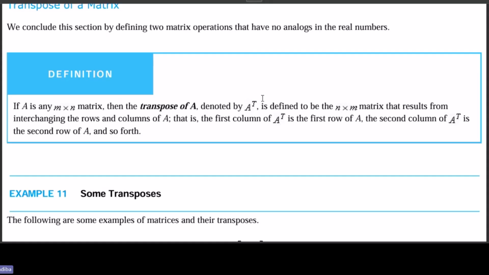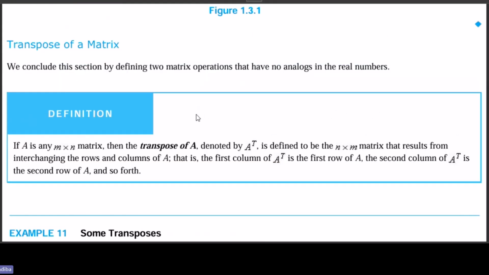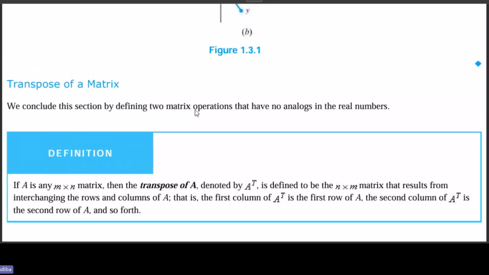Then the transpose of A, denoted by A to the T, is defined to be the N by M matrix that results from interchanging the rows and columns of A. That is, the first column of the transpose of A is the first row of A, and the second column of the transpose of A is the second row of A, and so forth.